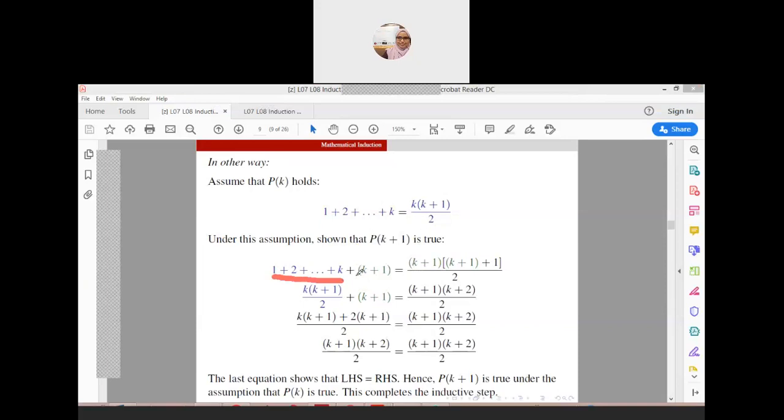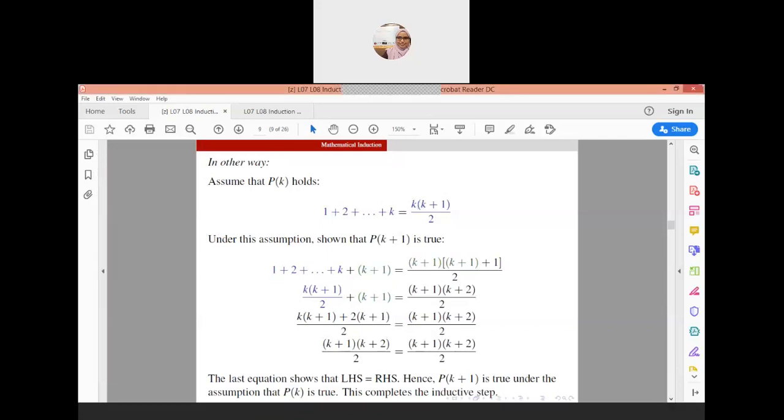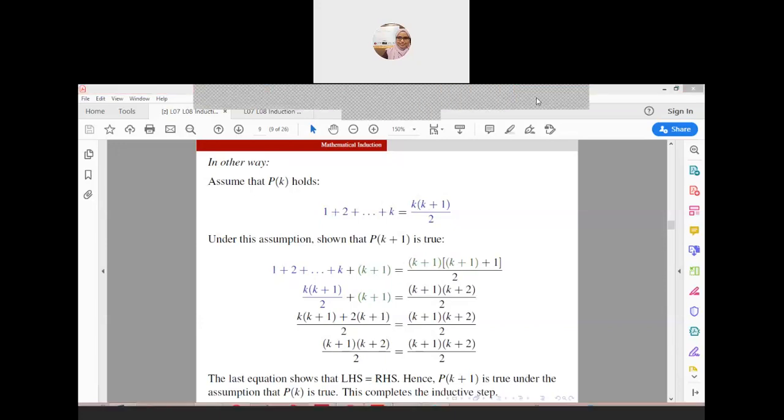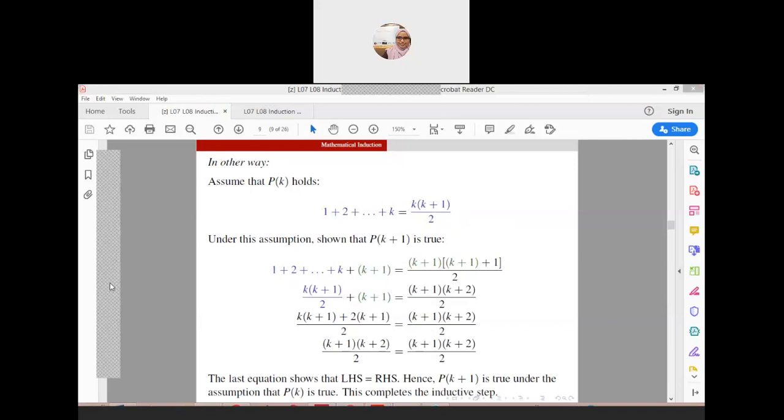Just add plus k plus 1. After we add k plus 1 here, every time you see k, just add k plus 1, and here is another k plus 1, and this is k plus 1, then plus 1, just rewrite it again, divided by 2.